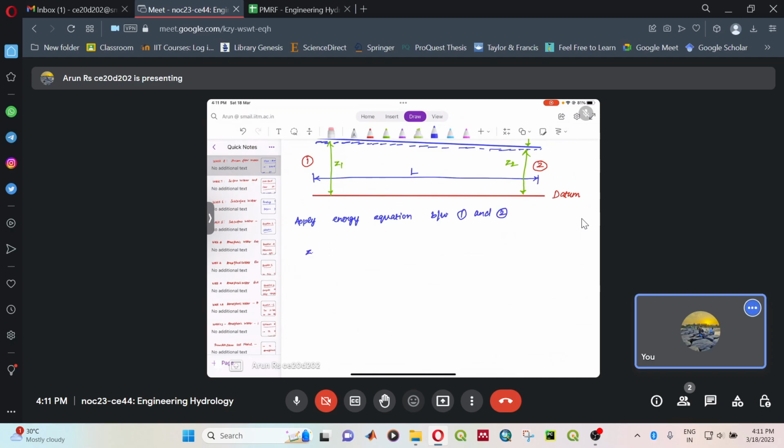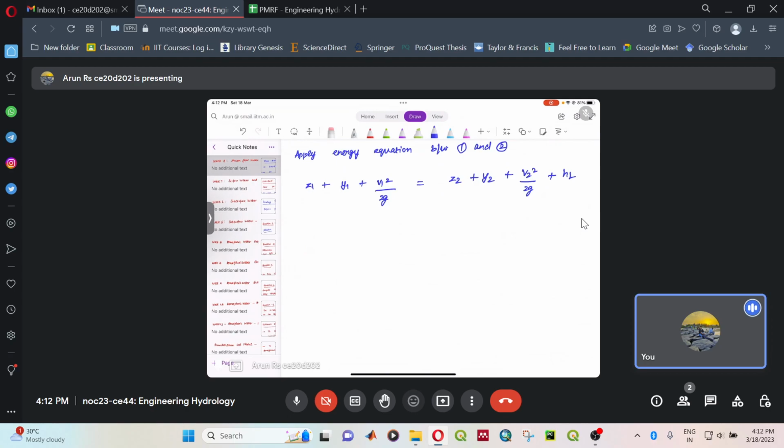So we can write datum head z1 plus depth of water y1 plus kinetic head v1 square by 2g should be equal to z2 plus y2 plus v2 square by 2g plus the total head loss. Now we'll bring the head loss to one side, and keep the rest of the components on the other side. So we'll be writing z1 plus y1 minus z2 plus y2 plus v1 square minus v2 square divided by 2g.